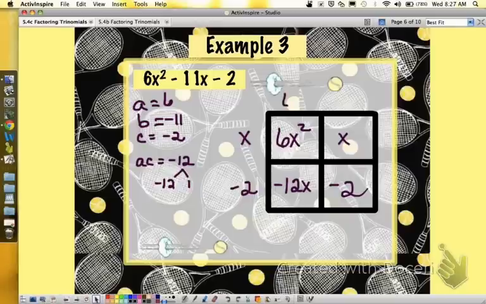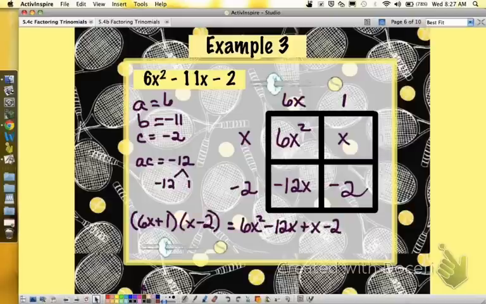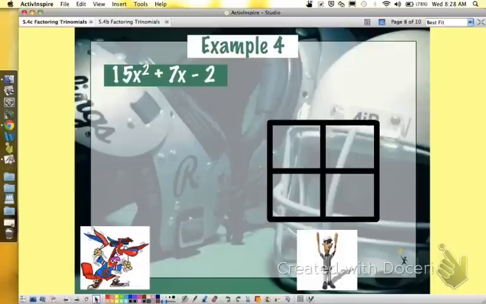So this one's going to be negative. Next, we're going to go column-wise. What's common to both 6x squared and negative 12x is a 6x. And there's really nothing common to an x and a negative 2, so we're just going to factor out a 1. Throw those into your binomials and you're done. You can check by multiplying those out and seeing that you have the same thing that you started with, and then simplifying those middle terms.